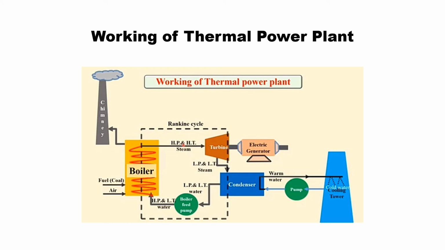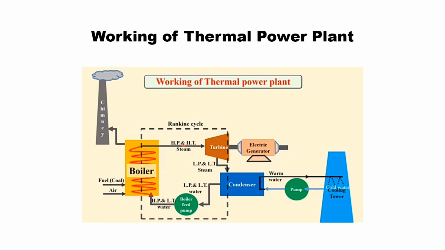Now as we know, inside the tube there is water and outside of the tube there are hot gases. Heat will be transferred from the hot gases to the water, and the water will get converted into steam. So at the inlet of the boiler we have water, and at the outlet we have high pressurized steam. That steam goes to the turbine.